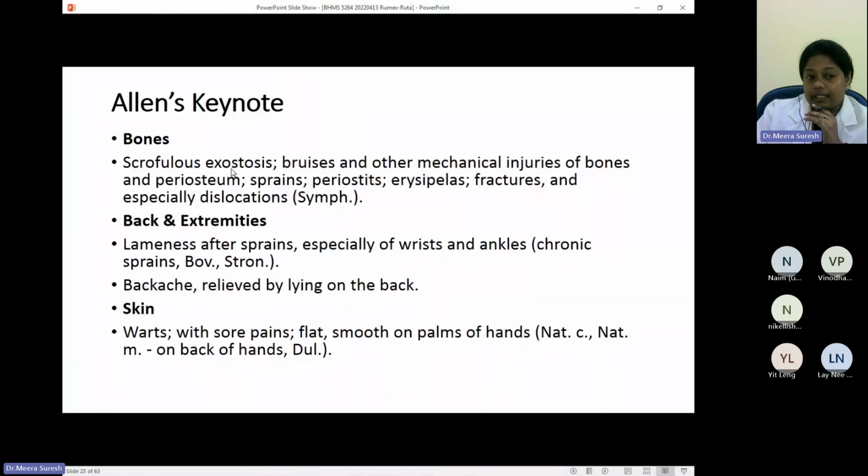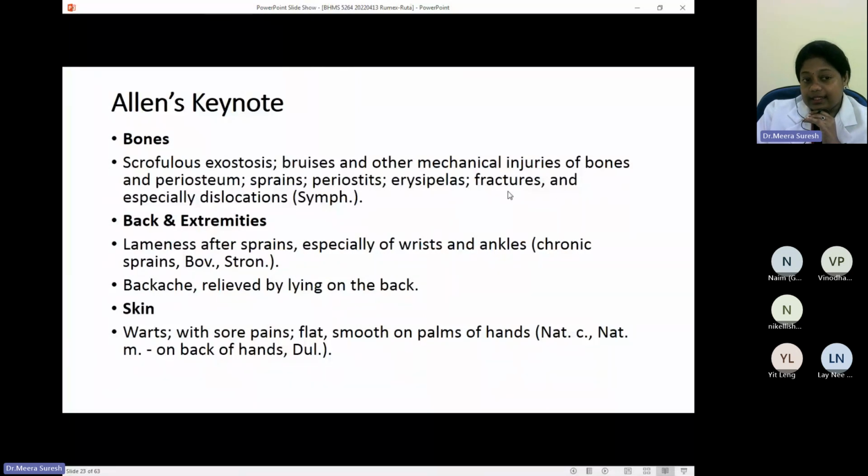So there is scrofulous exostosis, or the extra growth of the bones, bruises or mechanical injury of bones and periostea. There can be sprains, periostitis, erysipelas like our Rhus tox, fractures and especially dislocations, similar to Symphytum also. But Symphytum is exclusively for the bone area when the fracture has occurred.